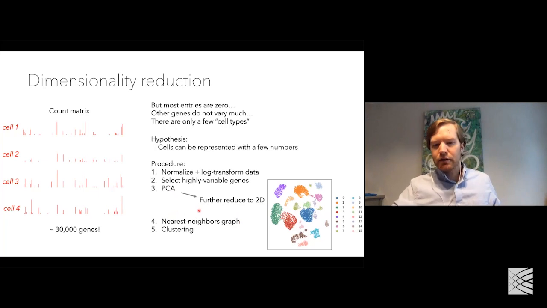We can partition that graph in order to do clustering, and we end up with the different colors that we see here. Further, we can reduce this 50-dimensional principal component space to 2 dimensions using an algorithm like UMAP in order to really get down to a 2-dimensional image that we can visualize here. And it would look something like this.